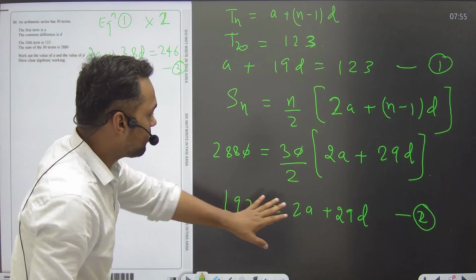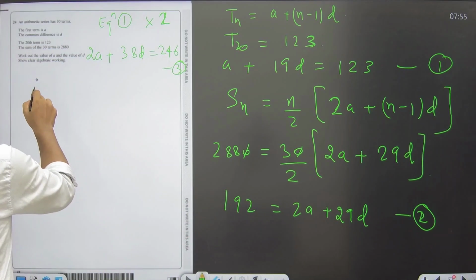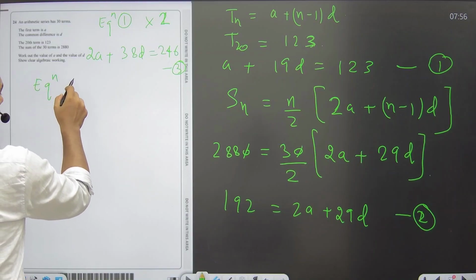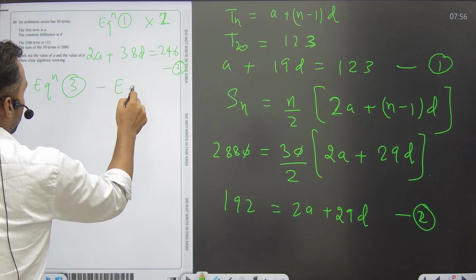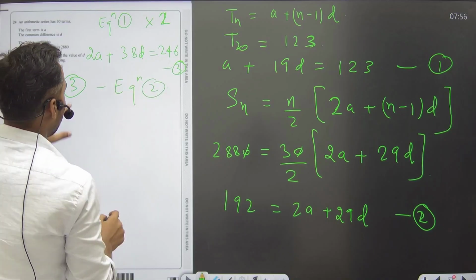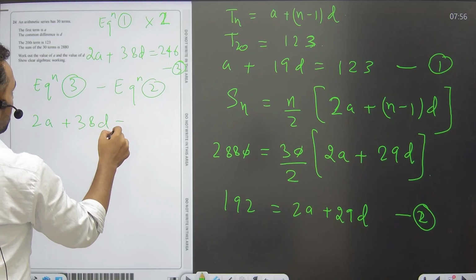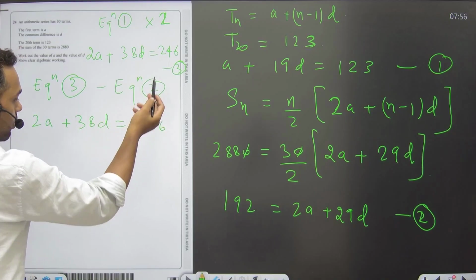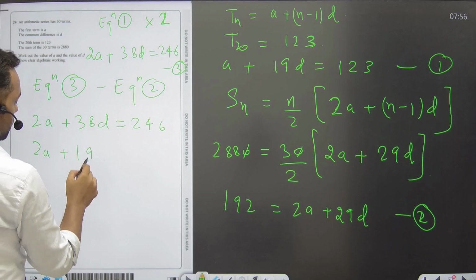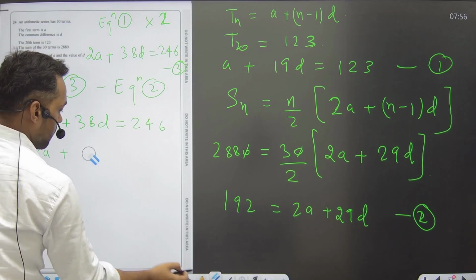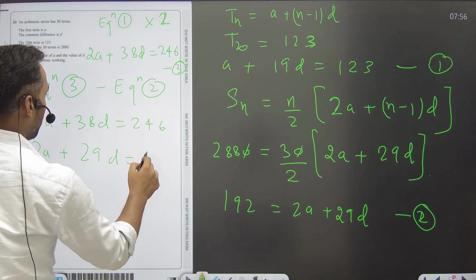Now if we see the third equation and the second equation, we can subtract these values. So equation number 3 minus equation number 2. It will be 2a plus 38d equals 246, which we have got here, and here it is 2a plus 29d equals 192.